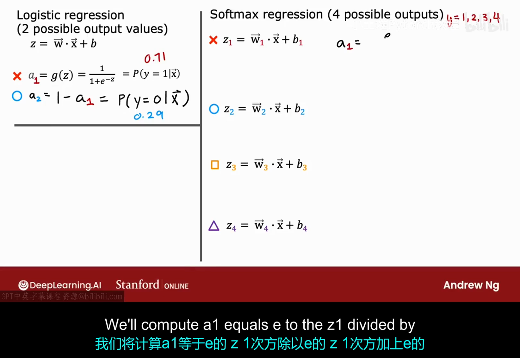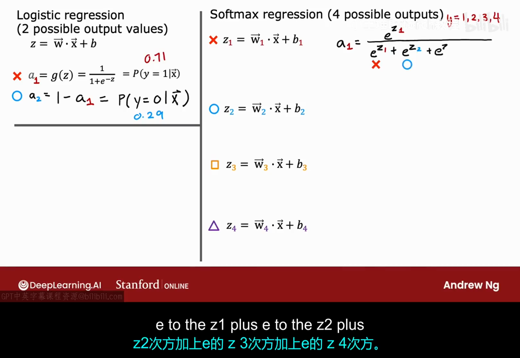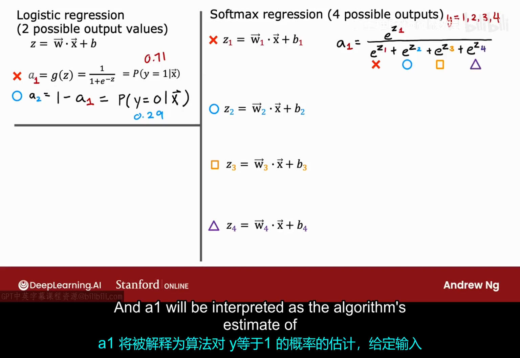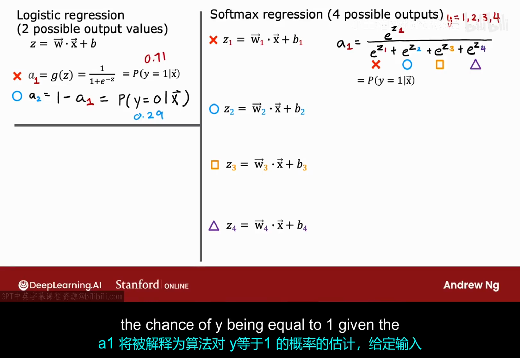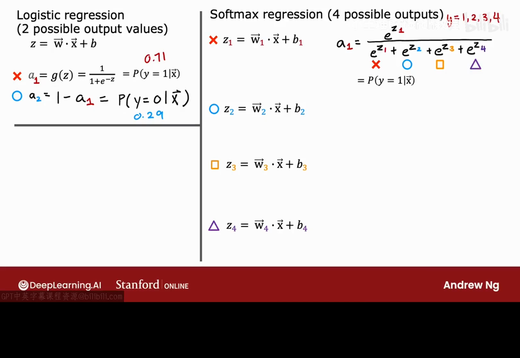We'll compute A1 equals e to the z1 divided by e to the z1 plus e to the z2 plus e to the z3 plus e to the z4. And A1 will be interpreted as the algorithm's estimate of the chance of y being equal to 1 given the input features x.